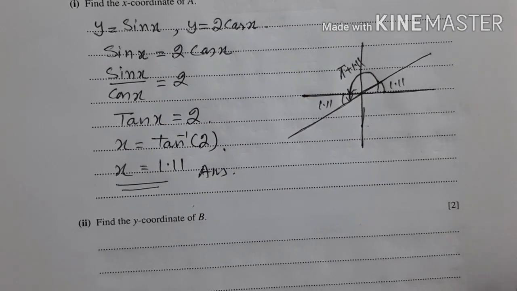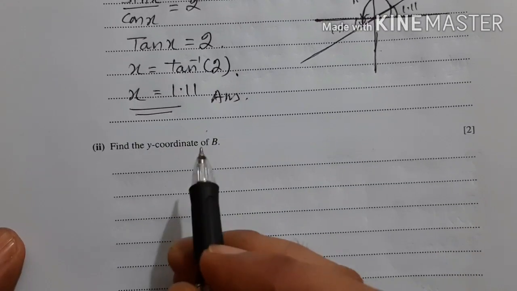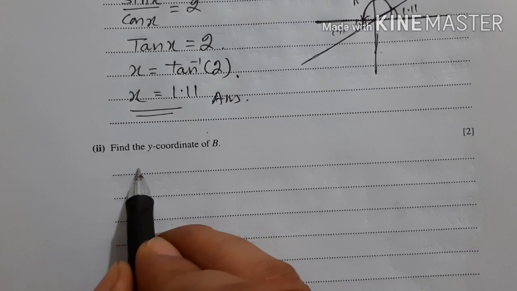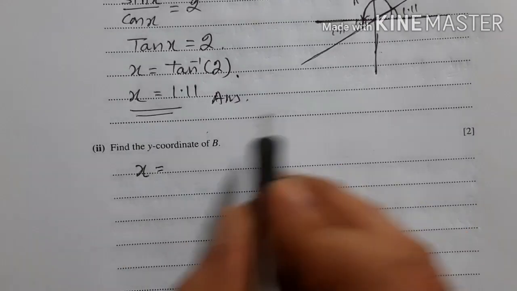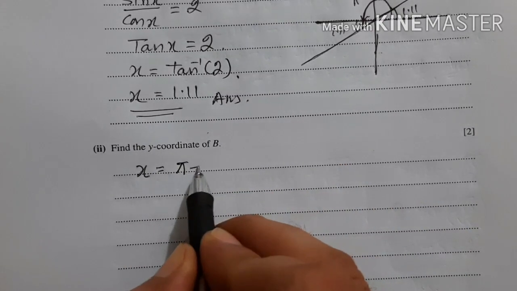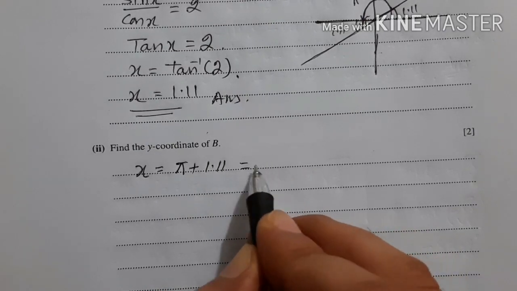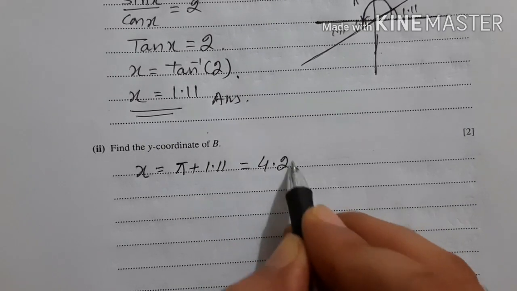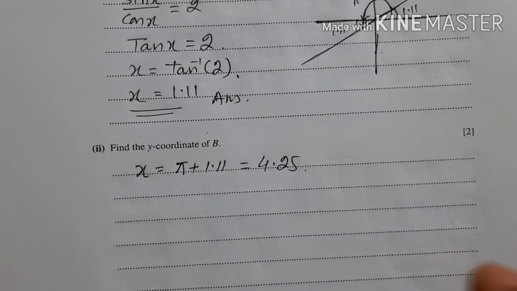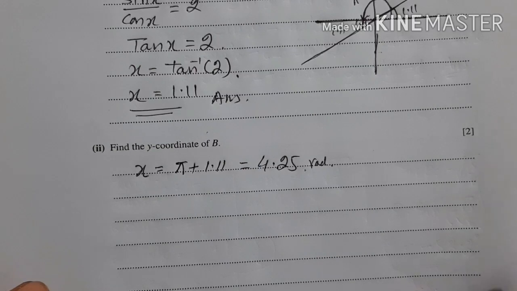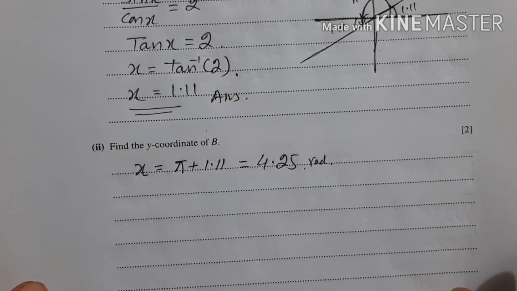So for B, we need to find the value of x in the third quadrant, which is x equal to pi plus 1.11, which is 4.25 radians.